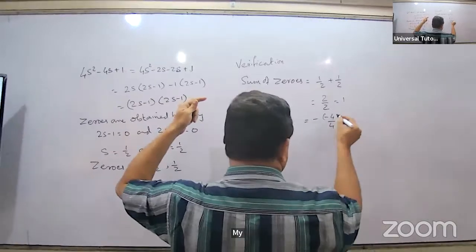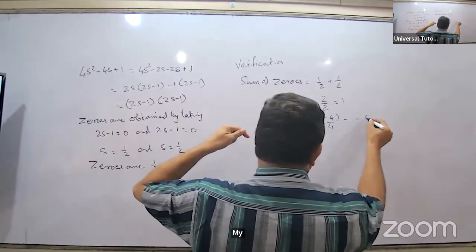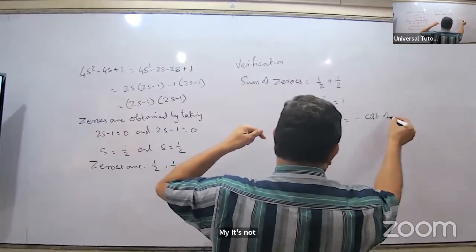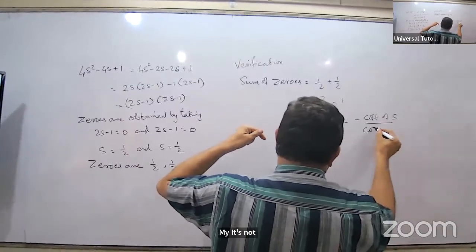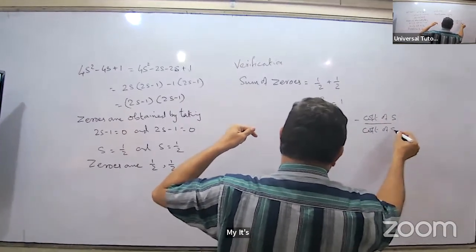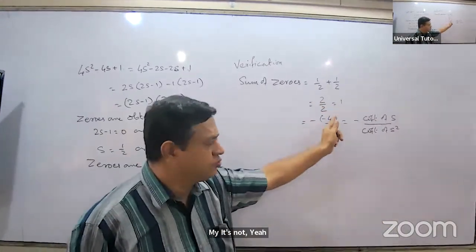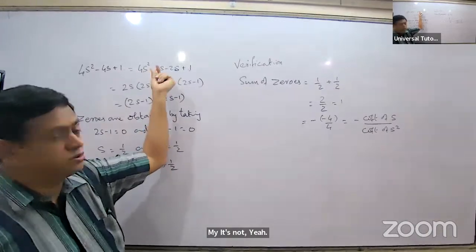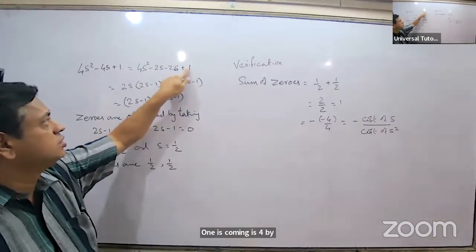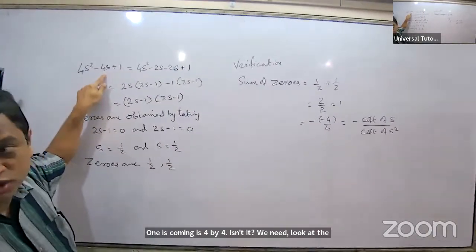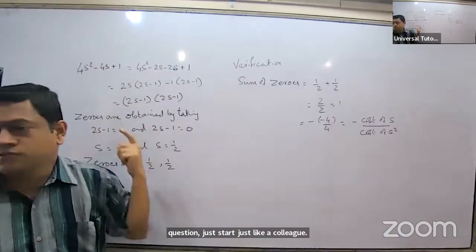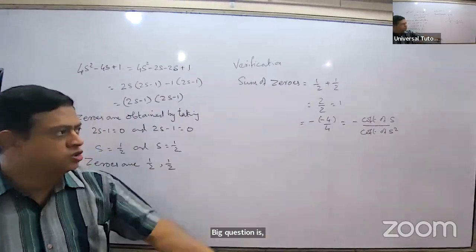Yes or no? You can check. Then you write minus coefficient of s upon coefficient of s square. Here it is. 1 is coming as 4 by 4, isn't it? Look at the question and adjust accordingly. So minus of minus 4 upon 4. So you got this equal to 1.